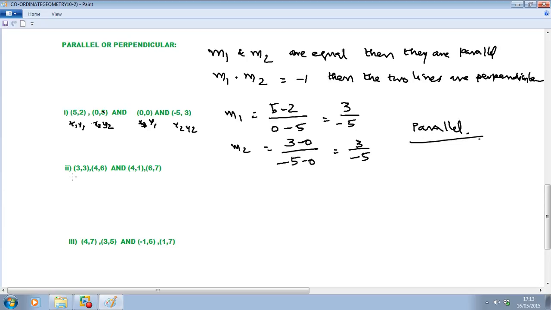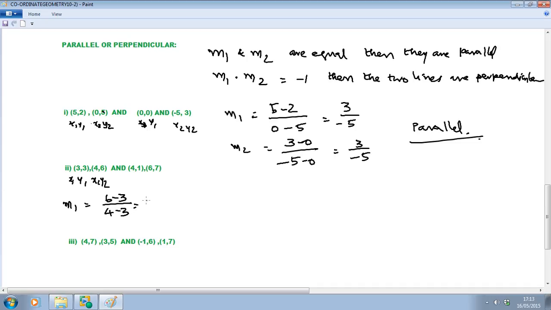The next one, same way, x1, y1, x2, y2. So what is m1? m1 is equal to y2 minus y1, 6 minus 3 divided by 4 minus 3.